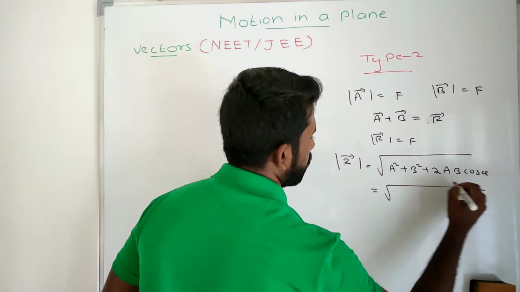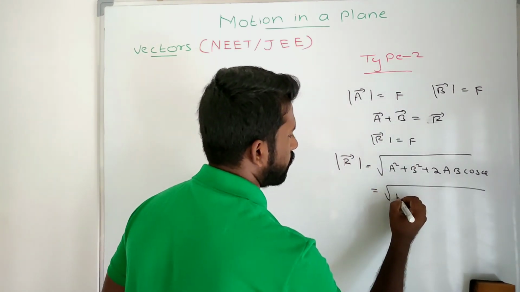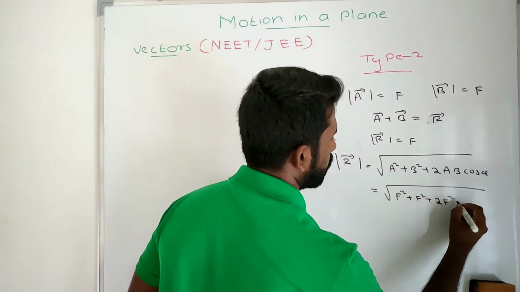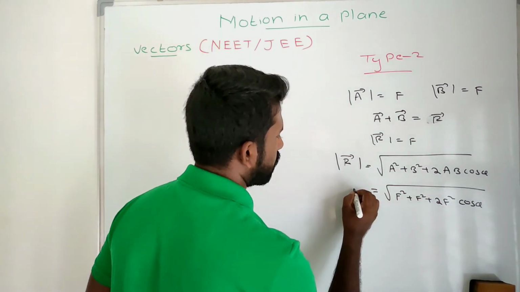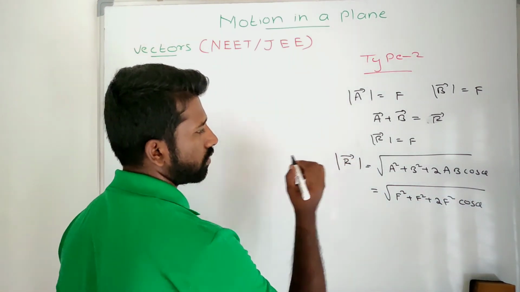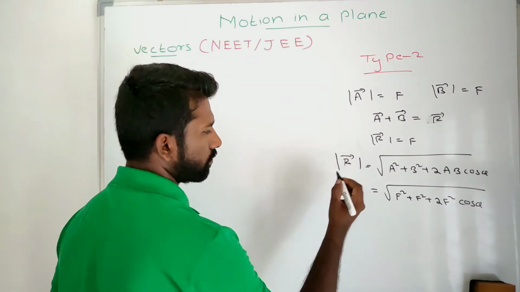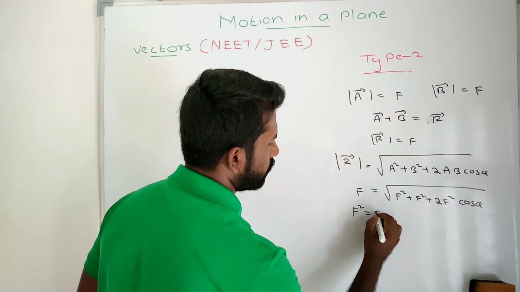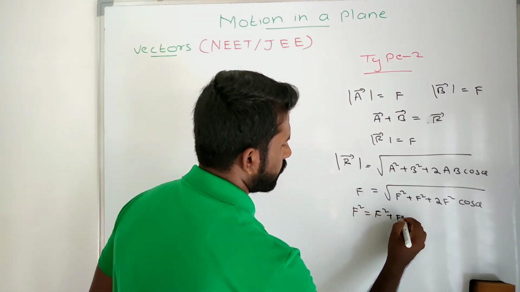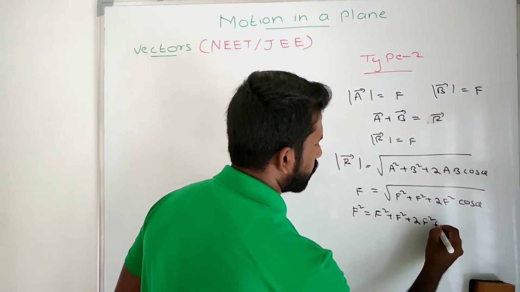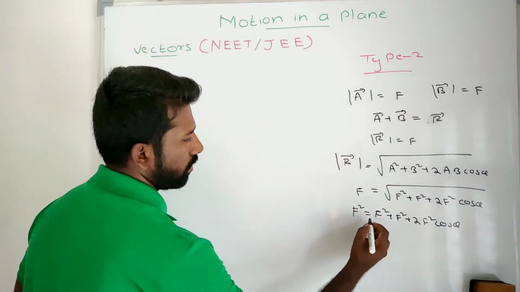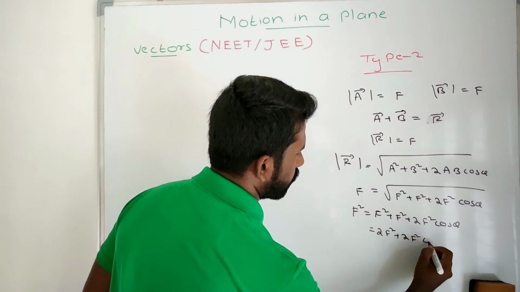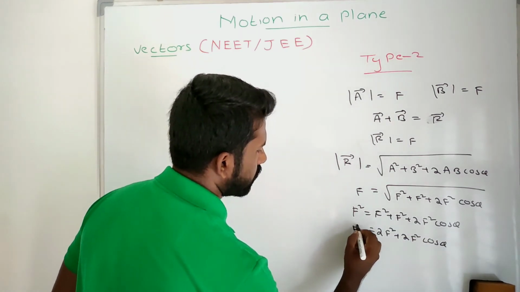So here F is the magnitude, that is F square plus F square plus 2 F square cos theta, that is equal to the magnitude of the resultant, that is also F. Okay. Square on both sides. Then what do you get? F square is equal to F square plus F square plus 2 F square cos theta.